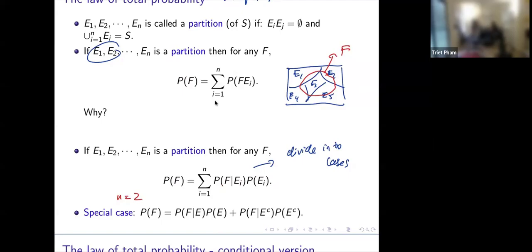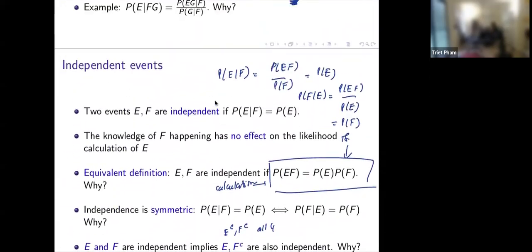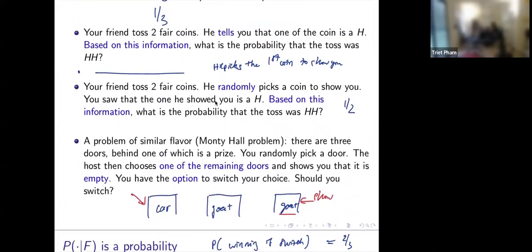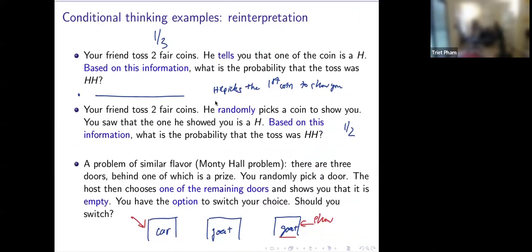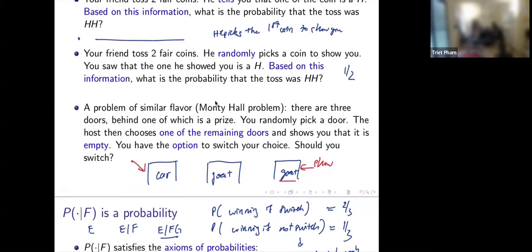All right. So to demonstrate, let's go back to the one all the way at the beginning, the Monty Hall problem, where we said that we will give a rigorous explanation once we discuss the law of total probability. Okay, so again, the idea is that you have three doors.